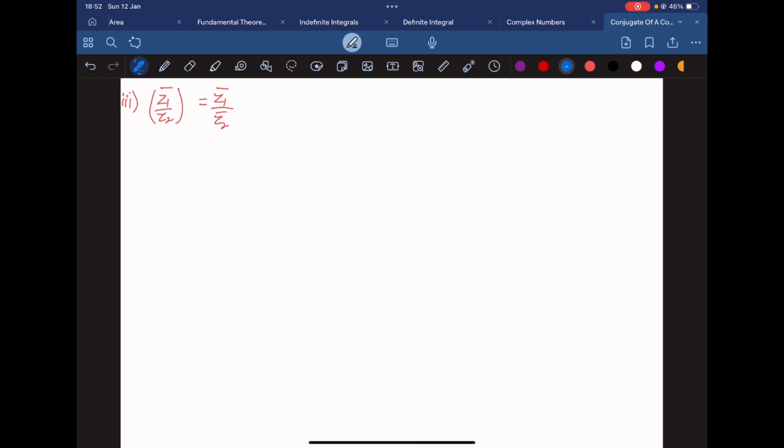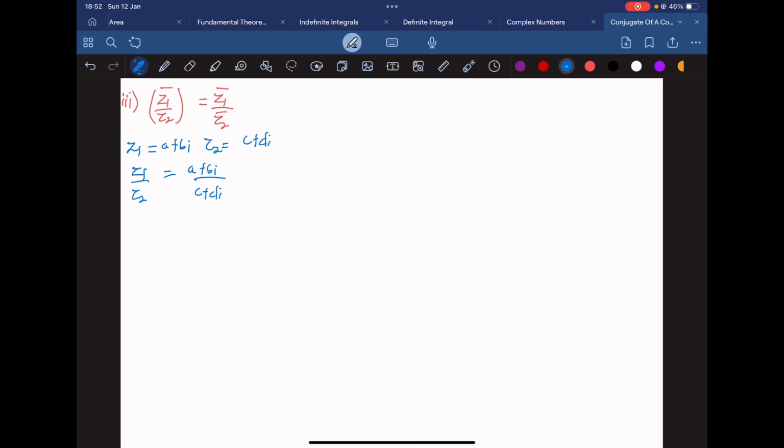Now in this case, let us find our z1, which is just a plus bi, our z2, which is just c plus di. So if we are to divide z1 and z2, we are just going to have a plus bi out of c plus di.